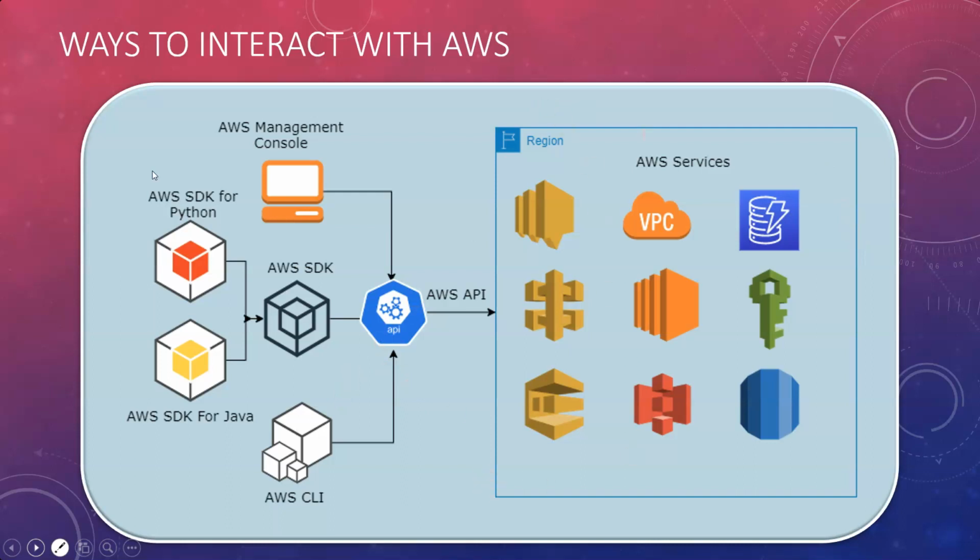So let's understand the different ways we interact with AWS. AWS has a lot of services like DynamoDB, IAM, RDS, S3, SQS and many more. Generally AWS provides three ways of interacting. One is using the Management Console, another is using CLI commands, and another is using an SDK, where we can write programs in Python, Java or any other language.